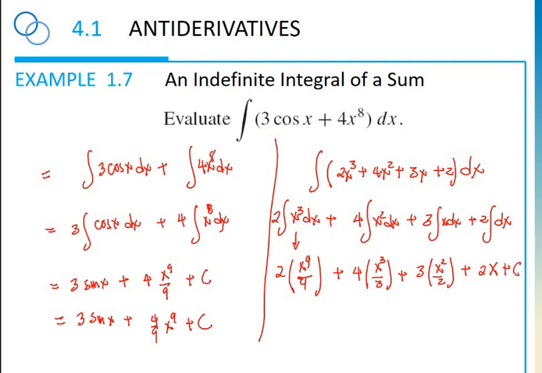So this one is going to be 2 divided by 2, it's going to be x to the 4th divided by 2, plus 4x cubed divided by 3, plus 3 halves x squared plus 2x plus c. Yeah, simple problem.